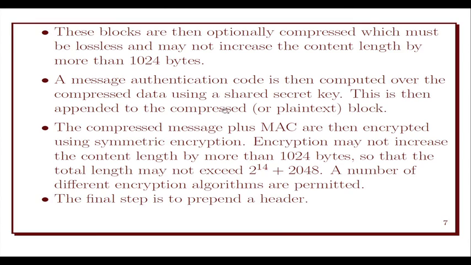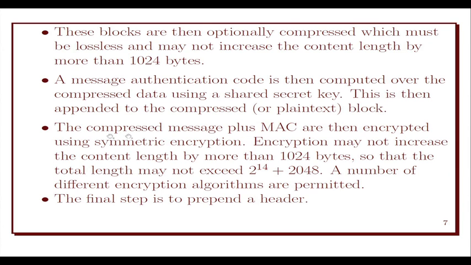That encrypted value over the message is called the MAC, and we then append this MAC value to the plain text at the end. Okay. So, basically we are adding the MAC.